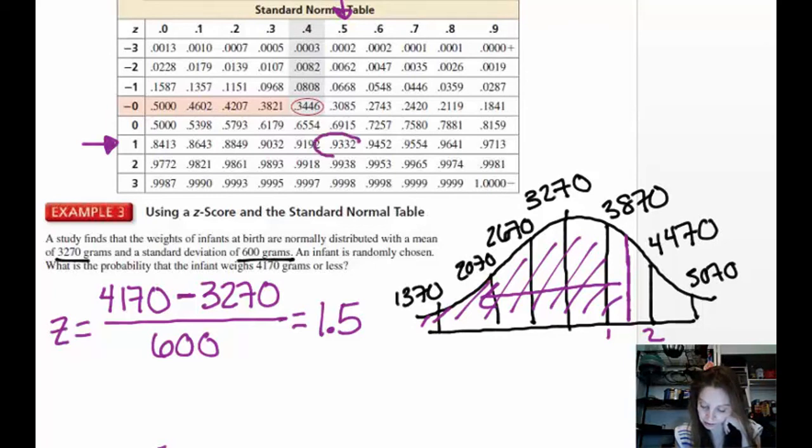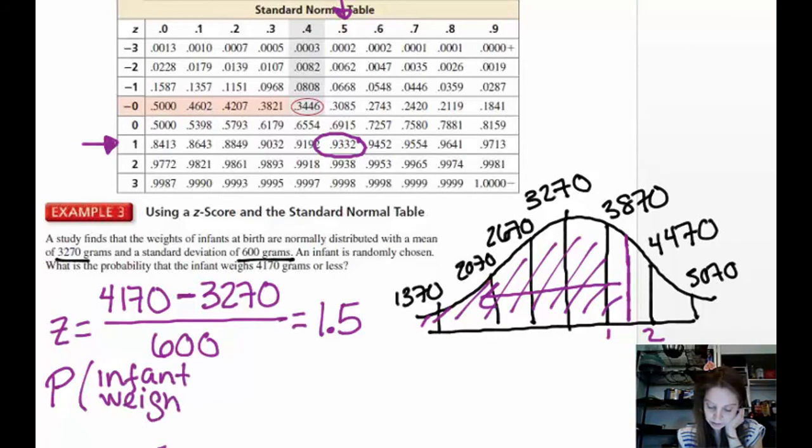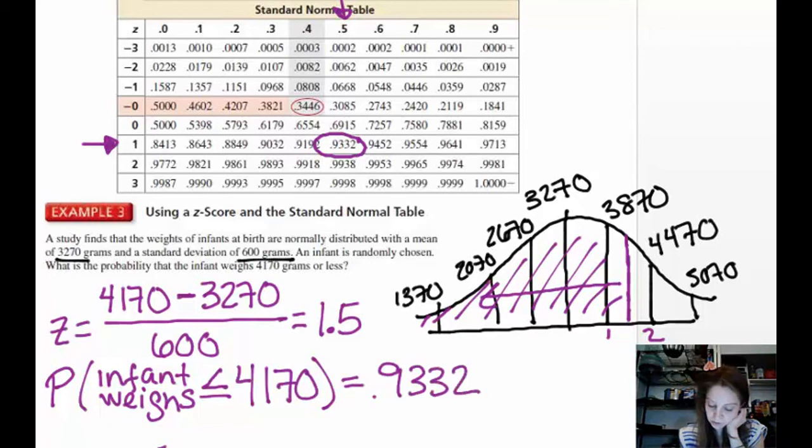And these meet here, which tells me that the probability that an infant weighs less than or equal to 4,170 grams is 0.9332, or this is the same as 93.32%.